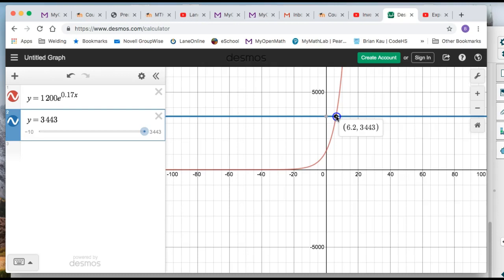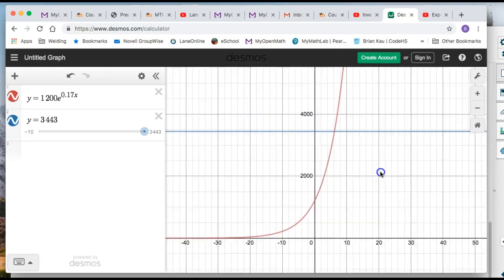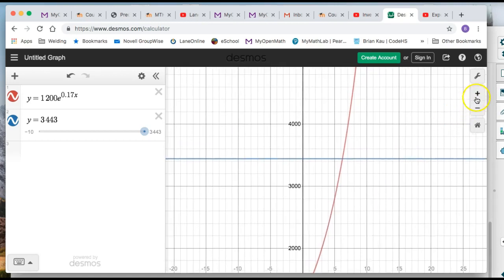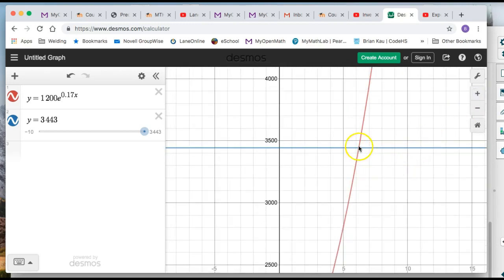Now if that's not accurate enough, we're going to need to zoom in on that point to get it closer. I'm not sure if that's exactly accurate. I don't think it's within one decimal place, but we would need to zoom in on that section to get a closer approximation. So now I still have 6.2.